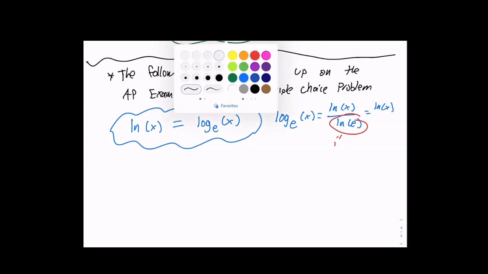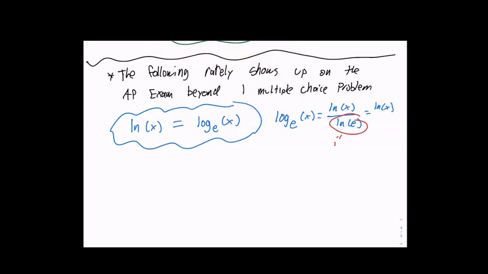Why is that important? That is important because if I do logs of any other bases, then it's also true. For example, log of x is the same thing as saying log base what? When I say log of x, what is the base of the log? Can everybody remember? No. It's definitely not a variable.